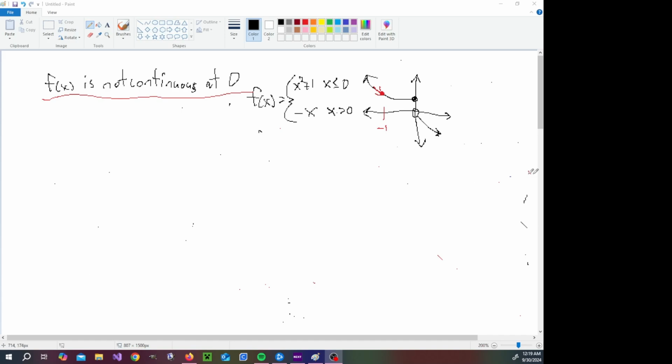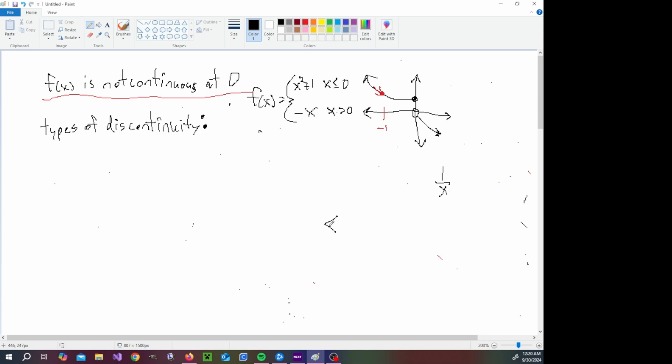So another idea that this piecewise function actually gives us a really good picture of is types of discontinuity, right? Because compare this piecewise function to something like 1 over x.